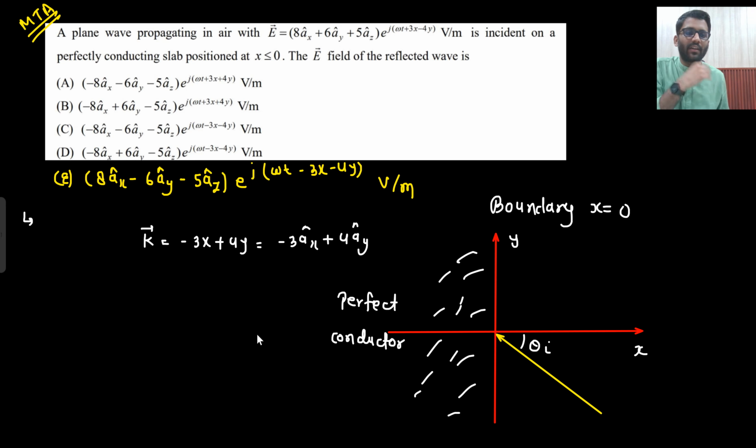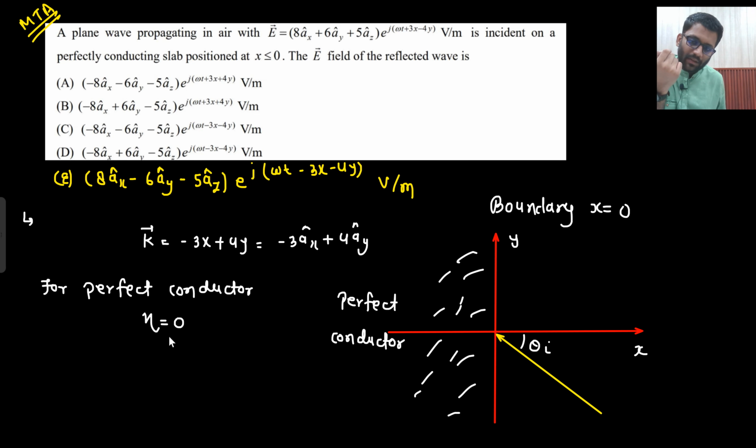So for perfect conductor, what is the value of eta? 0, right? For perfect conductor, eta value is 0. So there will be no transmission.